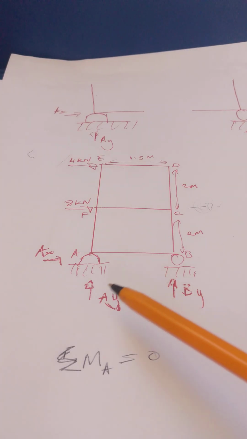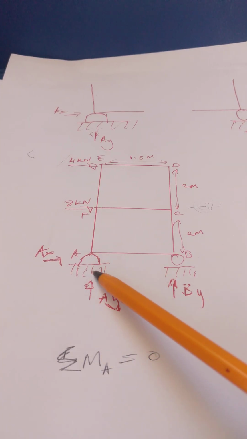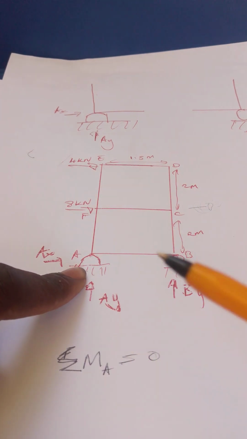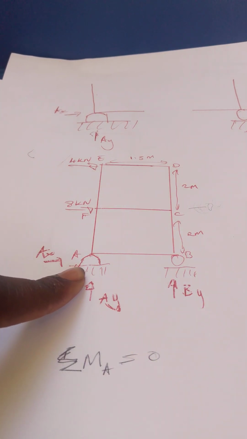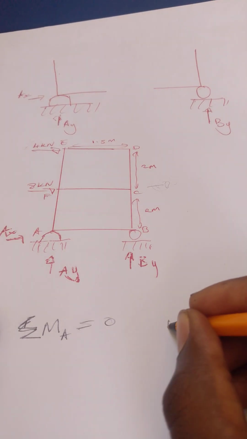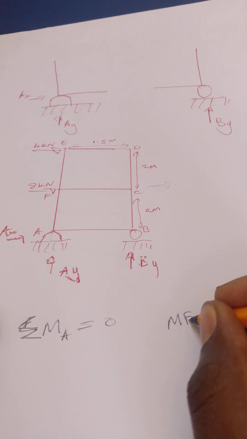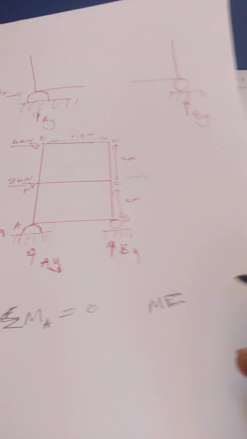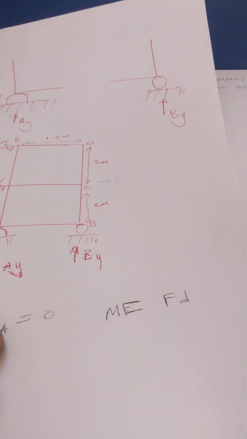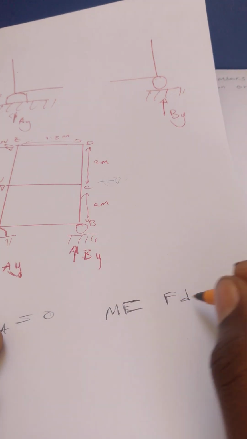At point A we have those two forces, so that's why I picked A. Moment is just force multiplied by the distance.